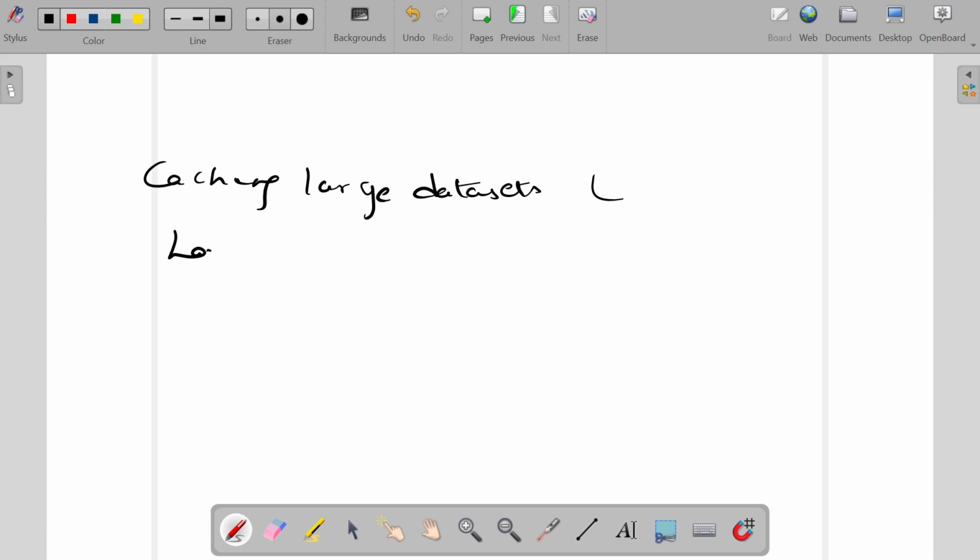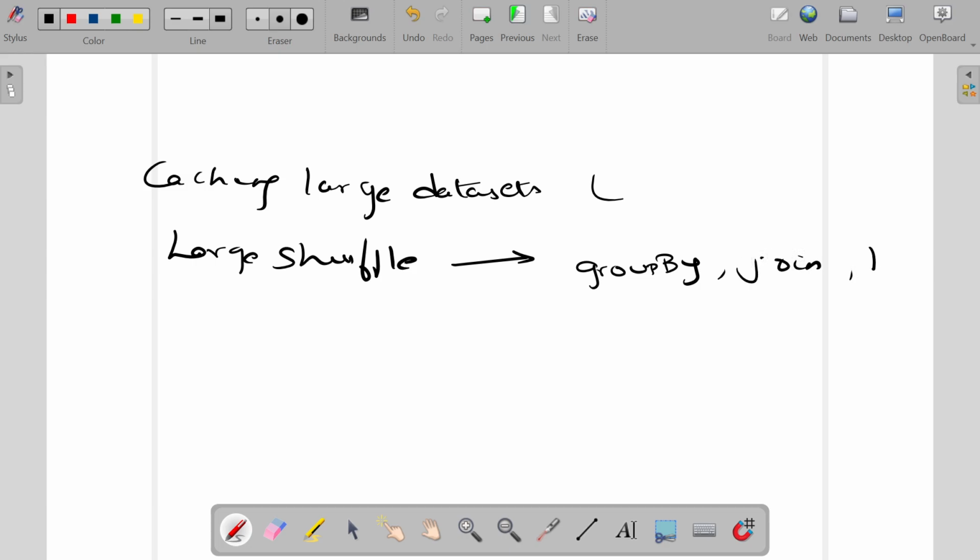Large shuffles. Shuffling is the movement of data from one node to another. If you do large shuffling, that will also cause a lot of issues. Some examples of shuffling are group by, join, and distinct. These are some of the operations where you have shuffling.